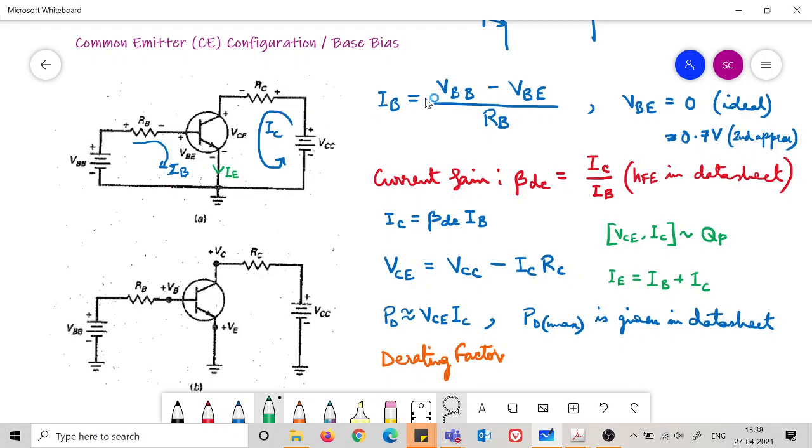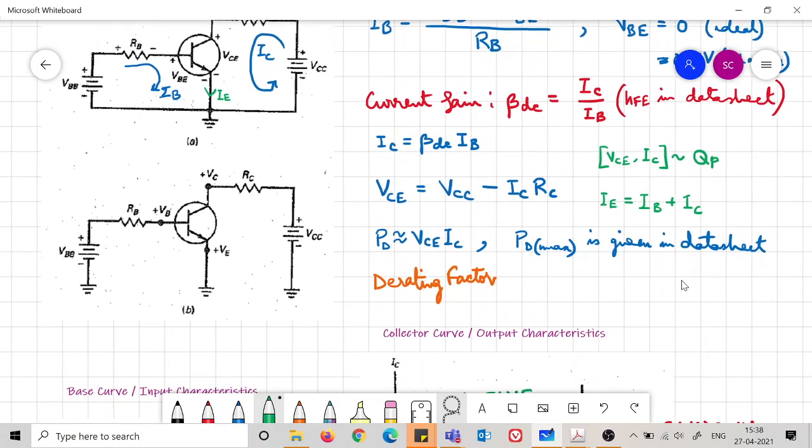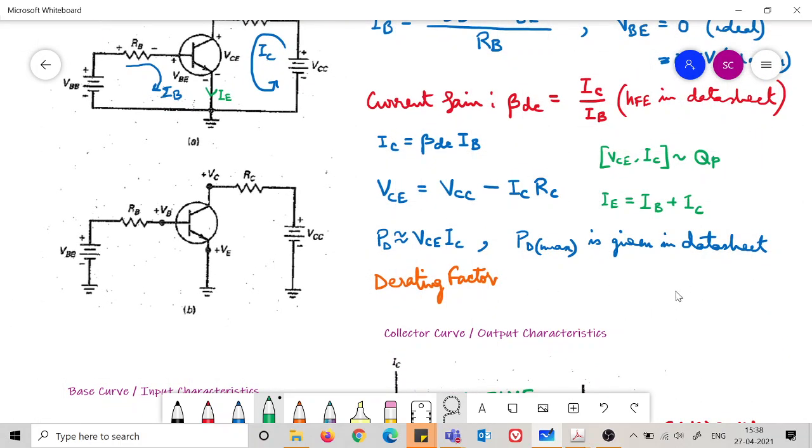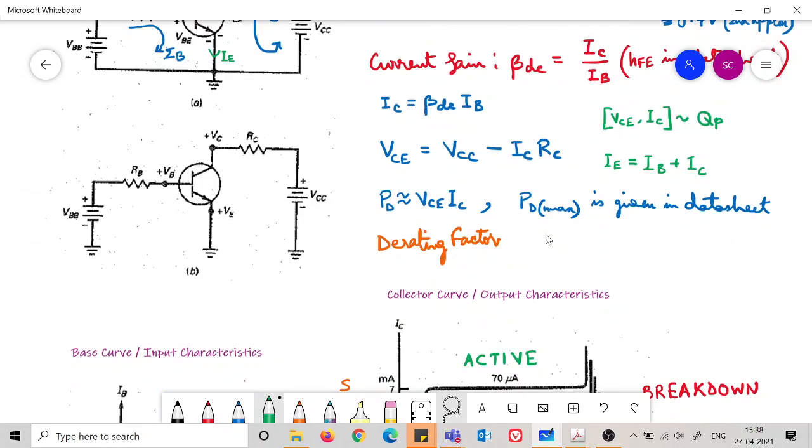Consider RC as 1 kilo ohm. These are just examples for the purpose of practice. In actual examples, or when you read the book, you will get more proper values of RB and RC, which are really used in practice.